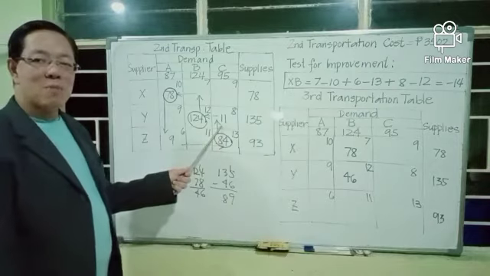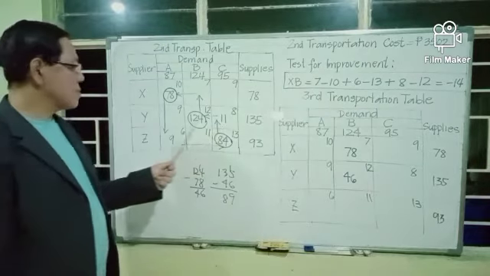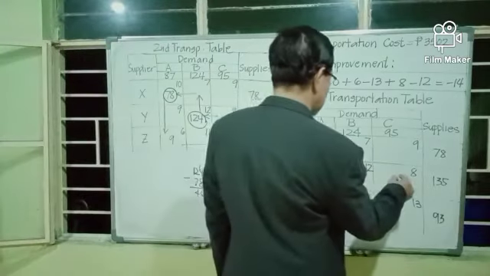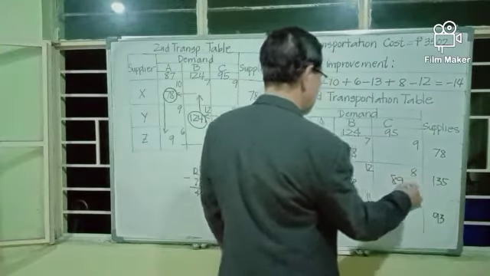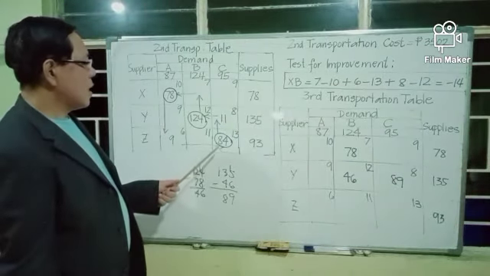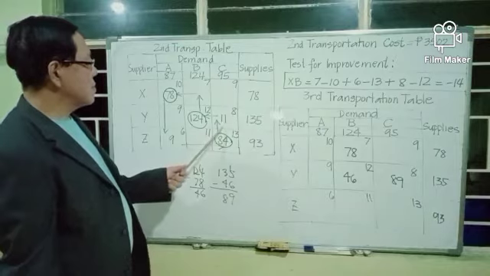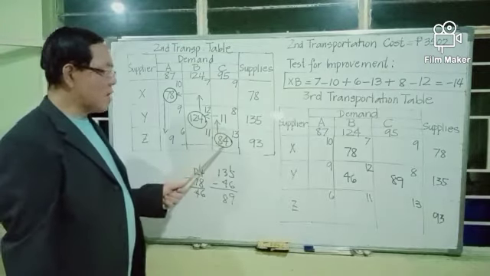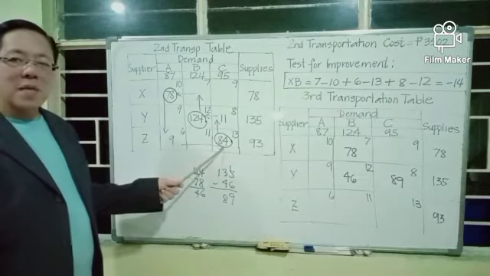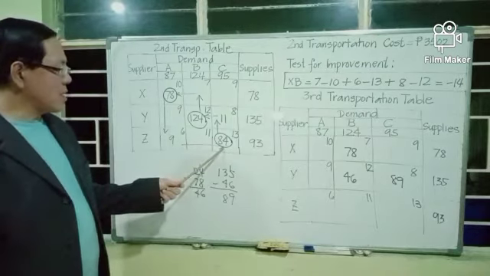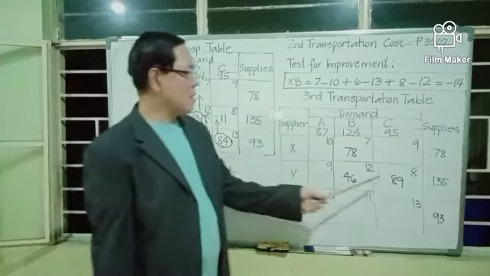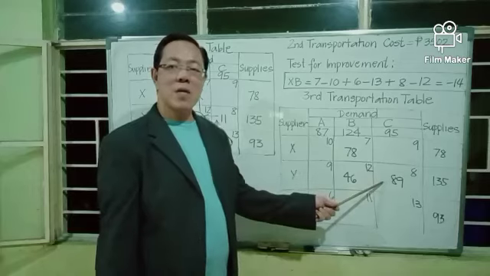So 11 now will be changed to 89 units in the cell YC. And because we have changed 11, we also have to change 84. And the number to be written in this cell is 95 minus 89.